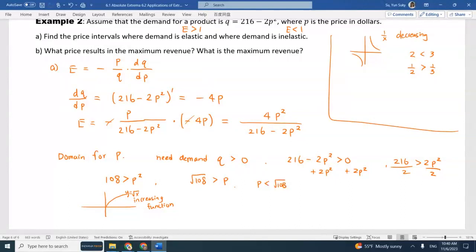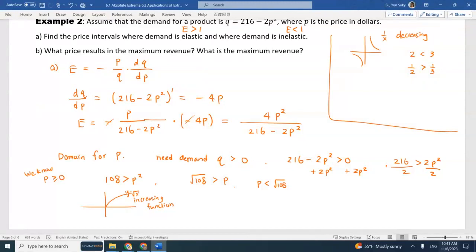Oh, and be careful. When we take square roots, we actually get the absolute value, okay? But here we know that the price must be greater than or equal to 0. Do you agree? Can your price be negative?